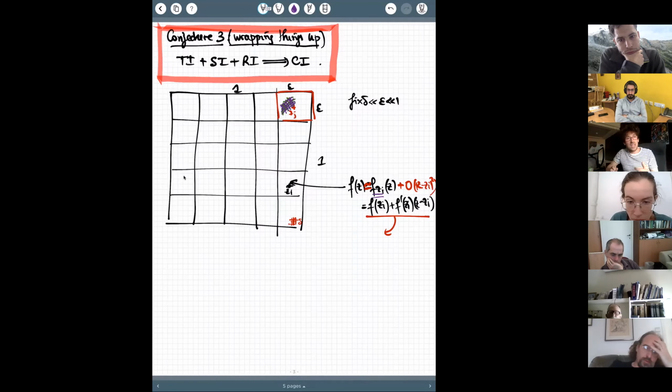But f_zj is a composition of rotation, scaling, and translation. So this violet guy, which is close to the green guy, is just a rotated and rescaled version of the square lattice.